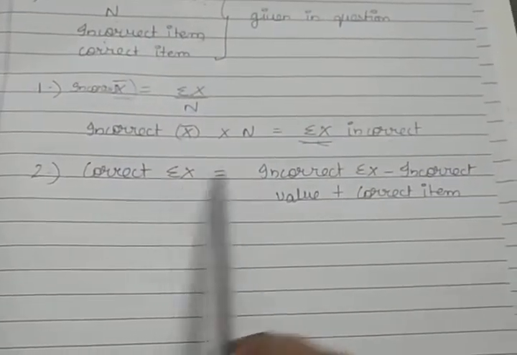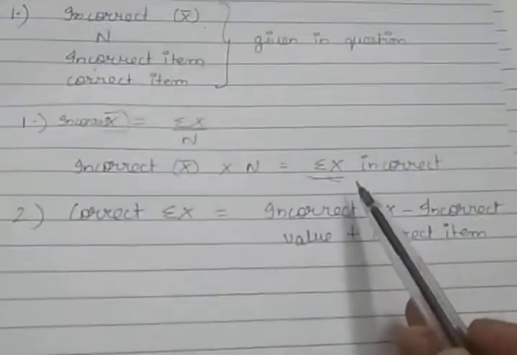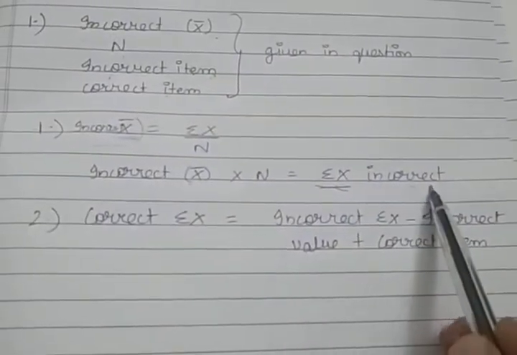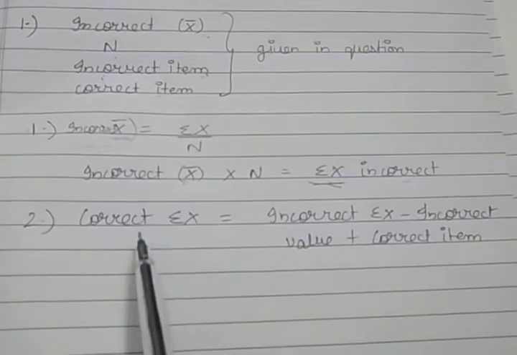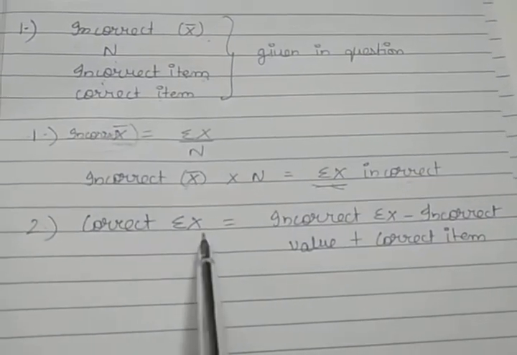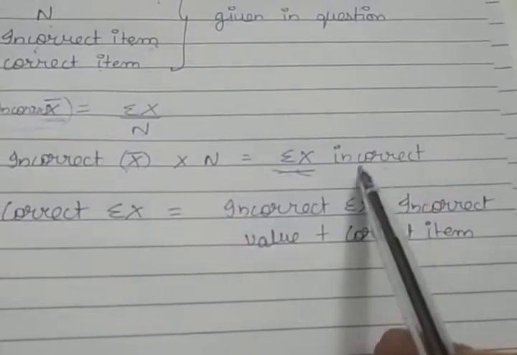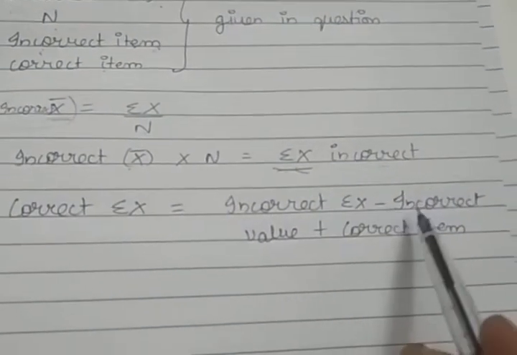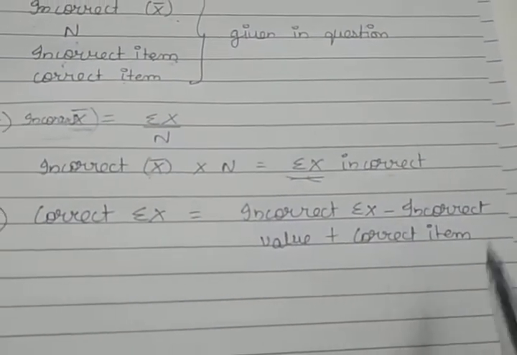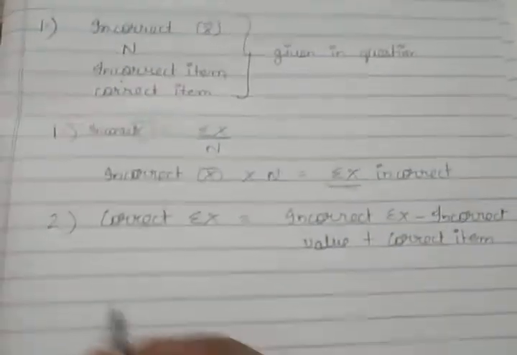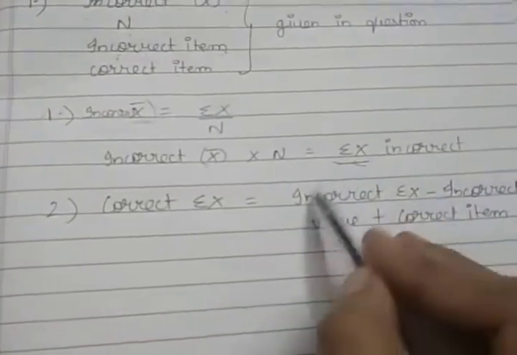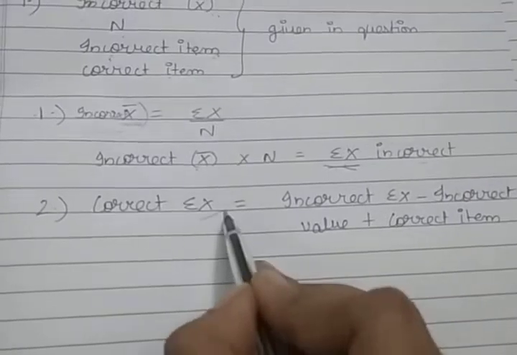Okay, so the second step is, whatever incorrect summation x we have got from the first step, now we have to correct it. So how will we get the correct summation x? First we put the value of the incorrect summation x that we got in the first step, minus incorrect value plus correct value, item value, whatever you want to write. After doing this calculation, you will get the correct summation x.